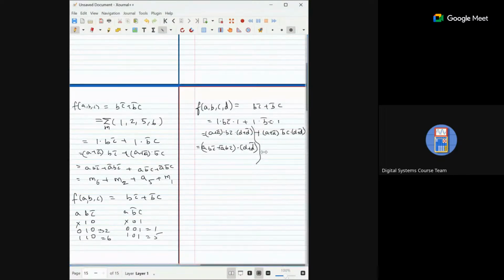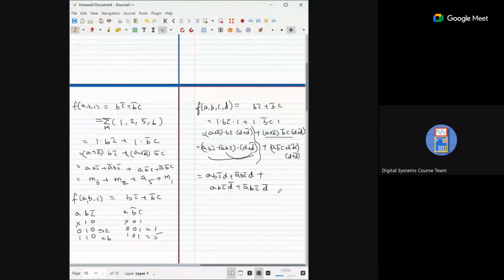Okay, this part is over. Plus again, I expanded this: A B bar C plus A bar B bar C times D plus D bar. Expanding again, you get A B C bar D plus A bar B C bar D. Similarly, with D bar, you get A B C bar D bar or A bar B C bar D bar.